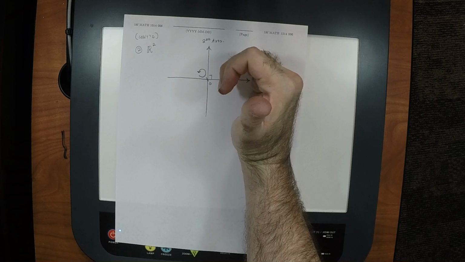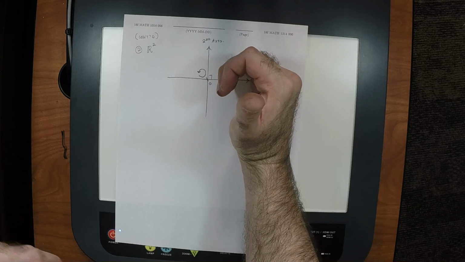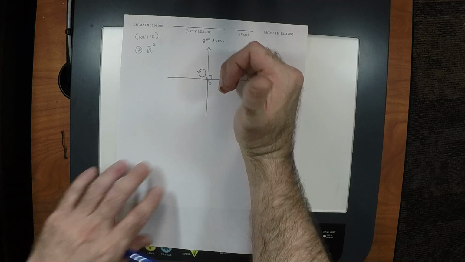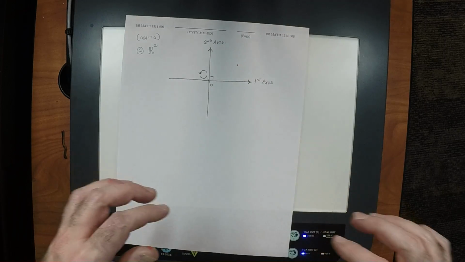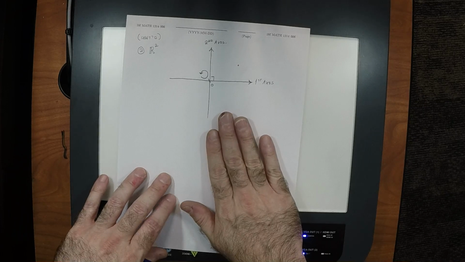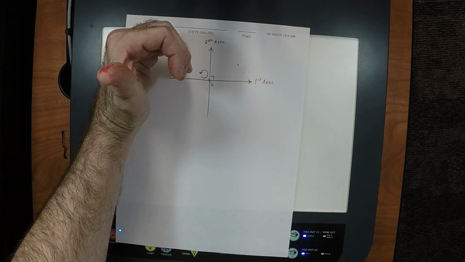And now notice that your fingers swirl in that direction. And it will not work with your left hand. So this is another example of the right-handed convention, but in 2D. Your left hand won't do it.